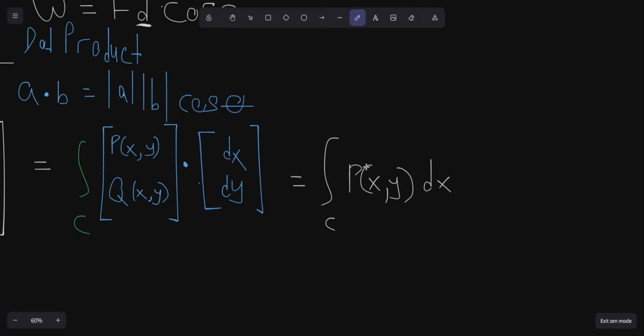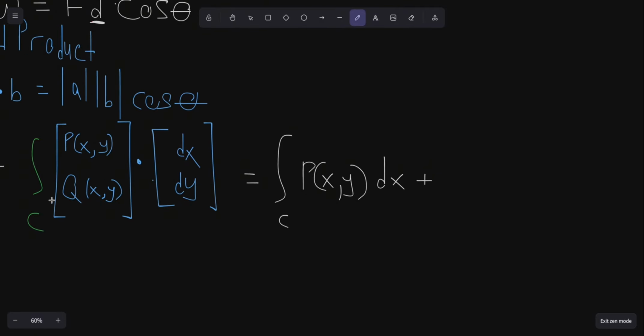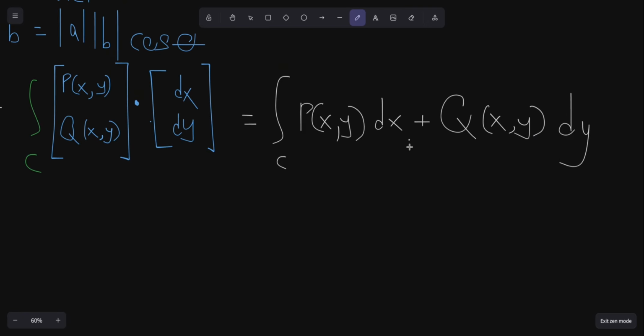Remember the dot product: you multiply these, then plus, then multiply these two, so Q of x comma y dy. And so you might see the formula written out like this, or in even simpler terms, the line integral of P dx plus Q dy.